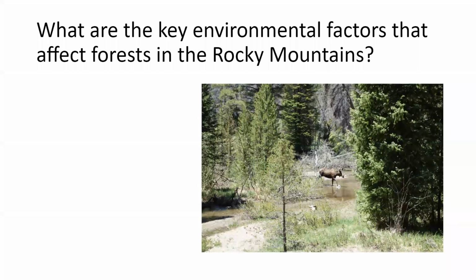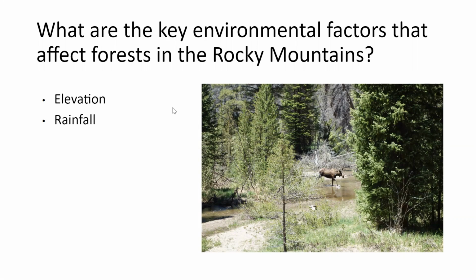So when we think about key environmental factors that affect forests in the Rocky Mountains, elevation is probably a huge factor here, probably the biggest and most important factor in the Rocky Mountains, because we have such a wide range of elevations. And that, of course, as we know, affects both moisture as well as temperature and growing season. Rainfall matters.